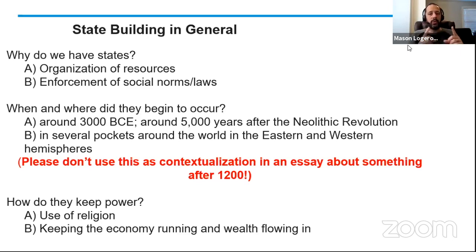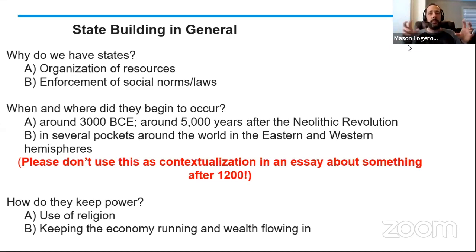But what's really interesting is that when you look at where these states and governments begin to pop up around the world, it happens in all different regions of the world and around the same time. This was not a situation where one state starts in Mesopotamia and then everyone else hears about it. The news doesn't spread around the world like, hey, check out this new cool idea of having a government.